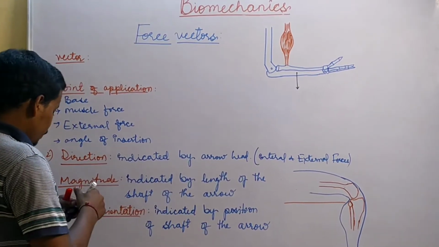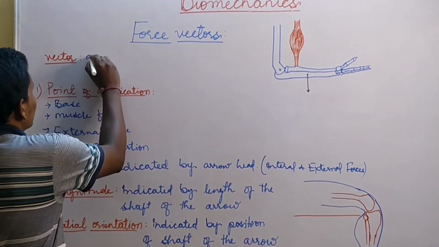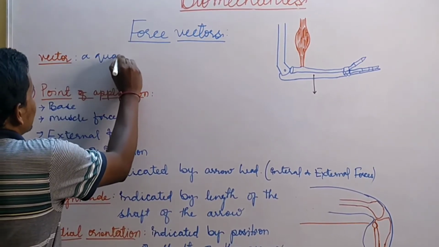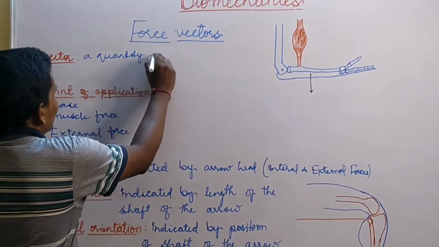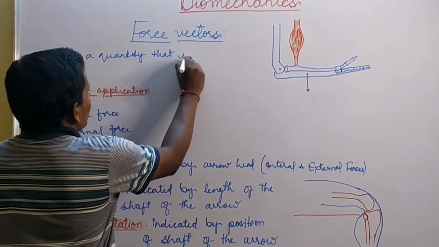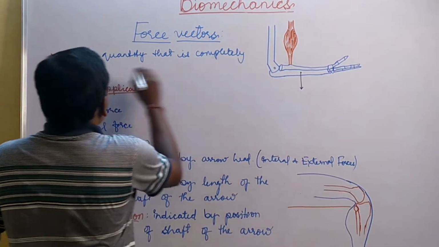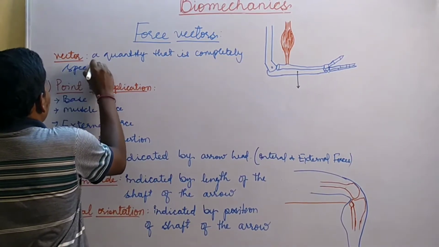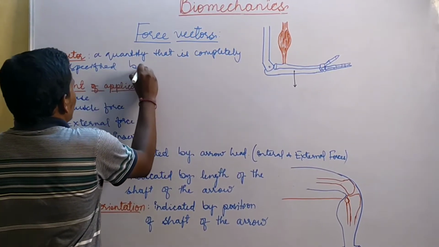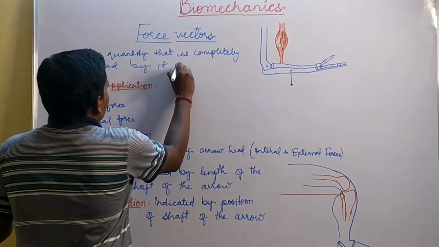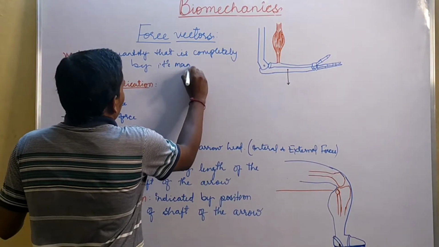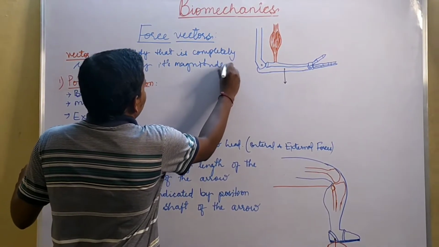A vector is a quantity that is completely specified by its magnitude and its direction.